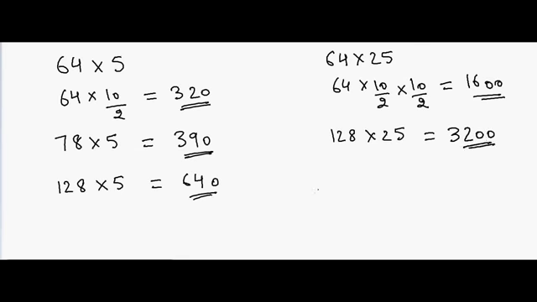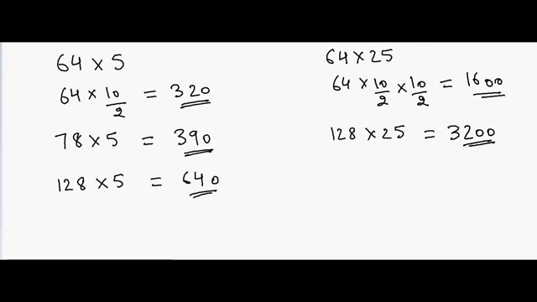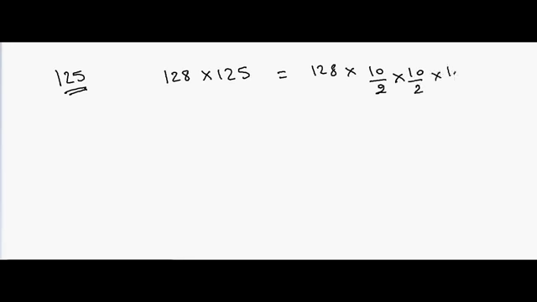Again, let's go to one more trick. If we have to multiply by 125, how do I multiply by 125? I'll take the example of 128 multiplied by 125. That can be written as 128 into 10 by 2 into 10 by 2 into 10 by 2.